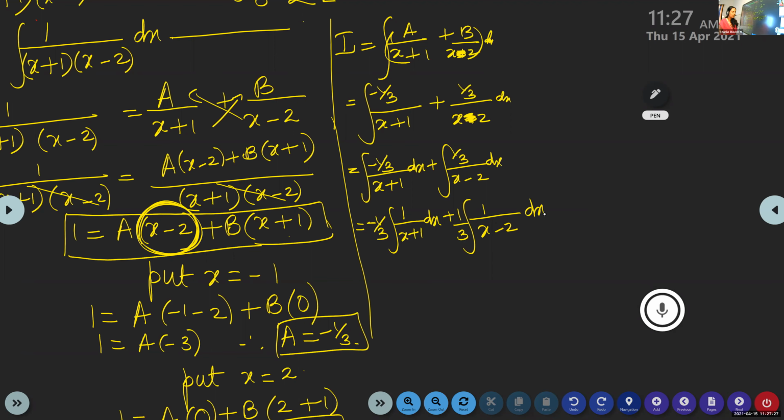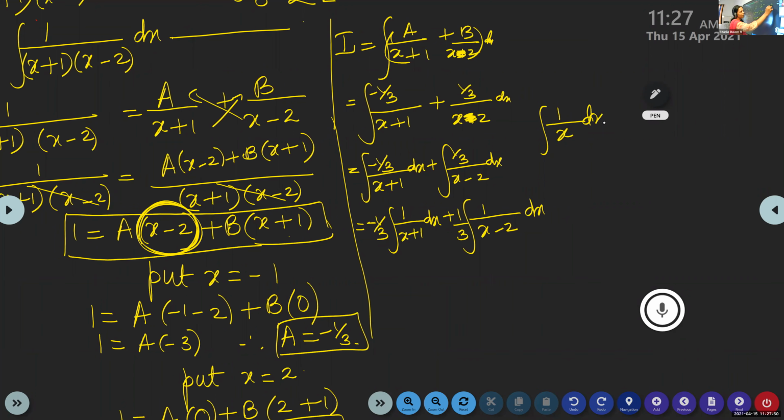What is the integral of 1 by x plus 1 into dx? Log of x plus 1. Is it root x? No. Log x. Very good.